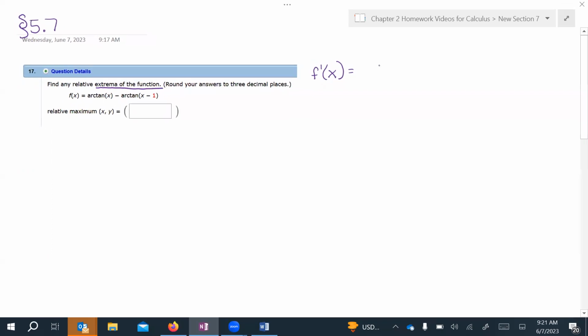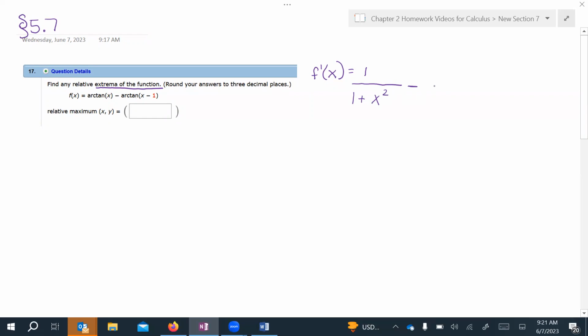So the derivative of the arctangent of x is 1 over 1 plus x squared, and then minus the derivative of arctangent of x minus 1, since x minus 1 is a function of x.